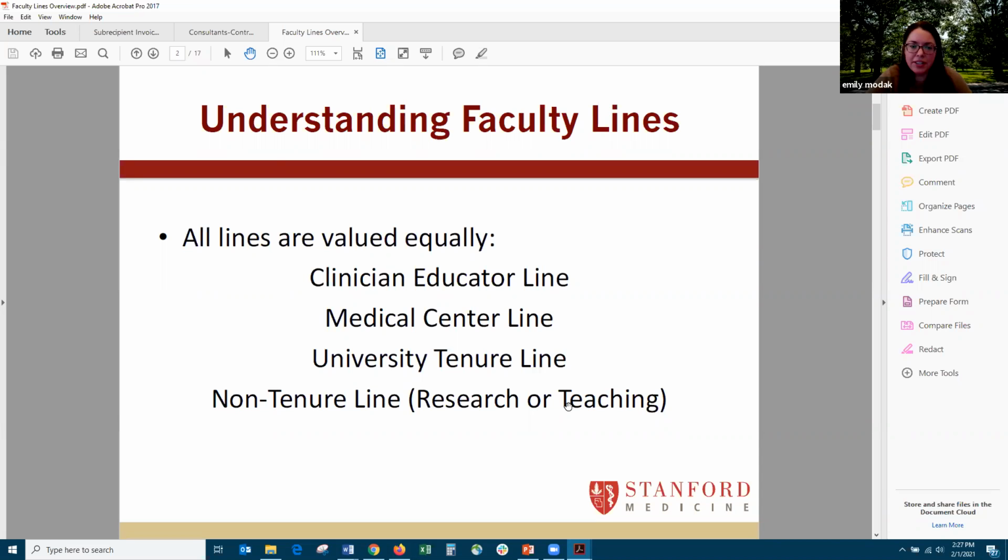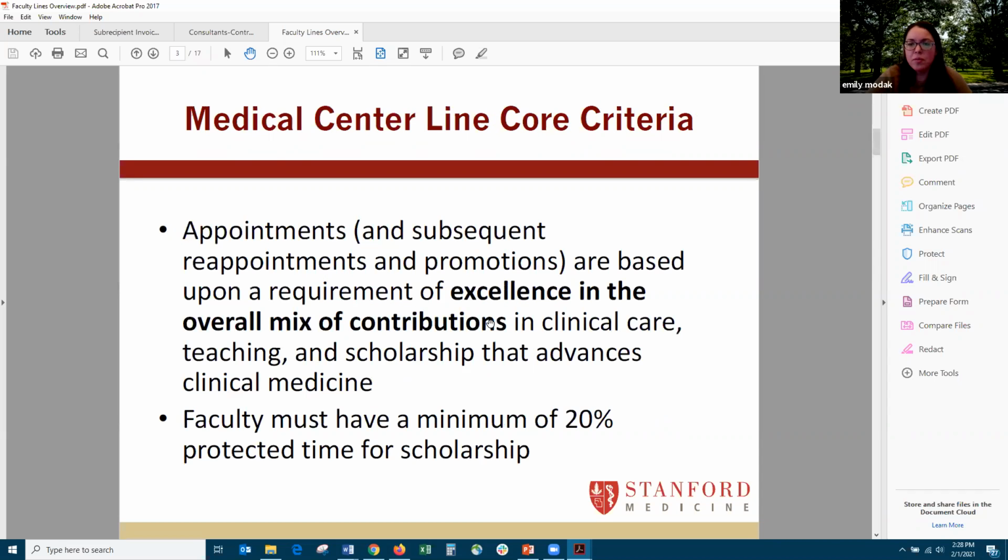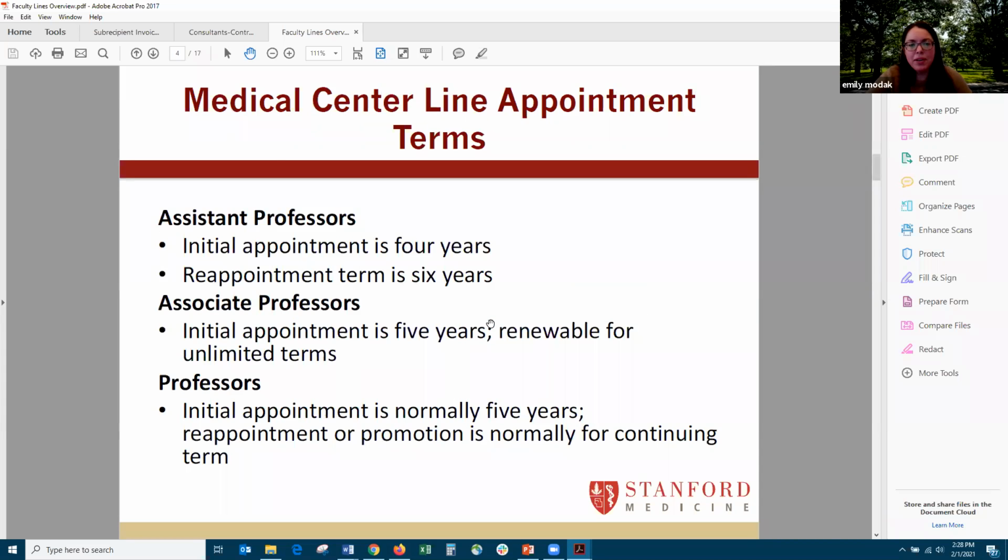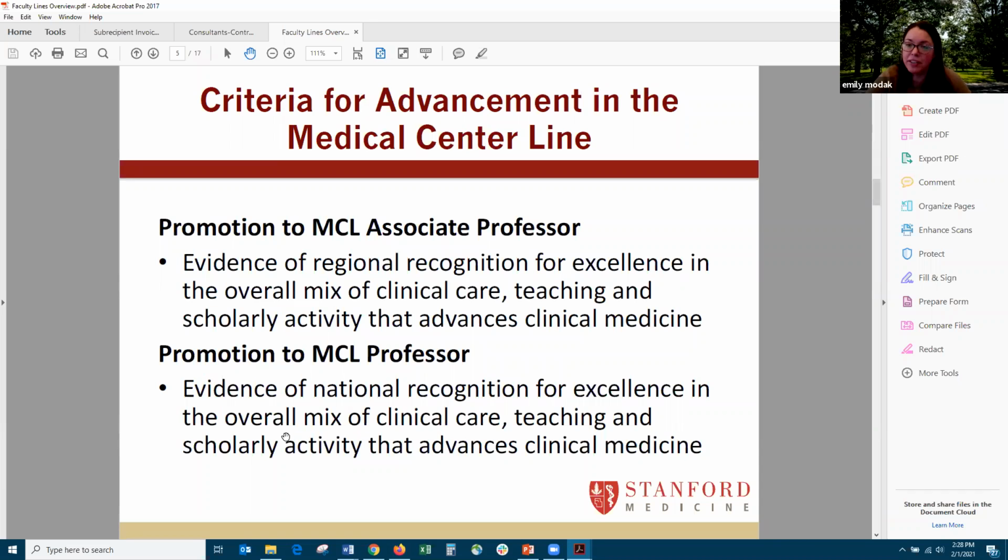There may be non-tenure lines as well. You don't hear as much from these folks who are doing the clinical work, although that does change, and obviously we have clinical trial activity for that. There's a big presentation here. I won't go into the details, but it talks about the progression from assistant to associate to full professor, how many years are involved, and what is required for promotion.